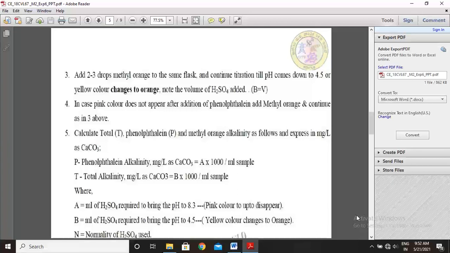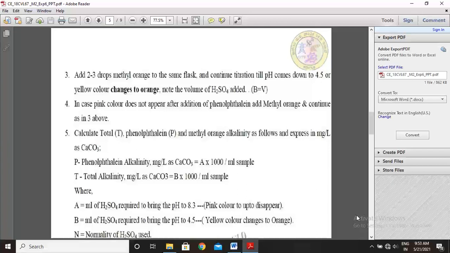Then calculate total T, phenolphthalein P and methyl orange alkalinity as follows, expressed in milligram per liter as calcium carbonate. P is phenolphthalein alkalinity in milligram per liter as calcium carbonate, which is A into N into 1000 per ml of sample.